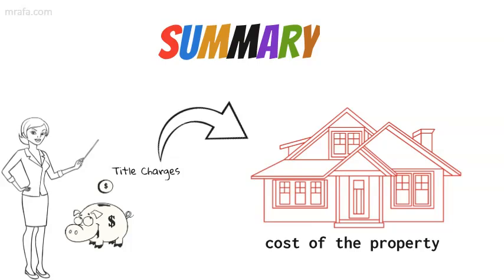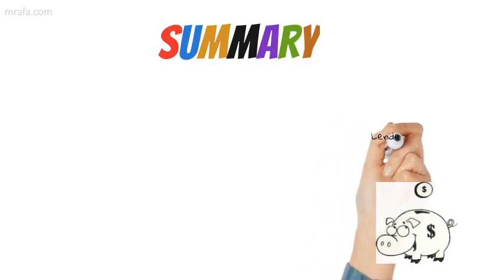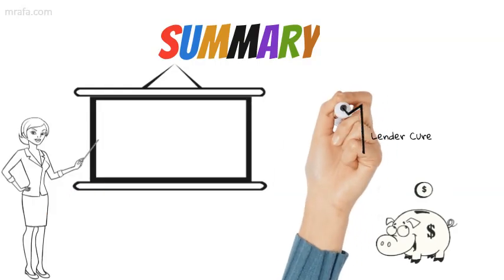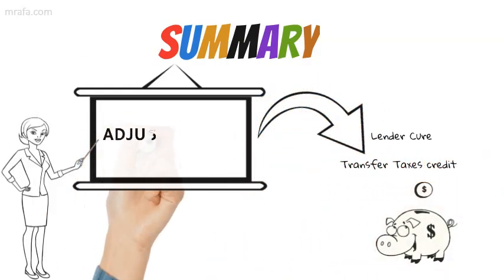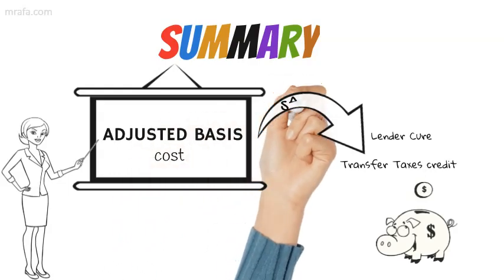And then section 1200, you add everything in the cost of the property. Section 1300, you add that too, of the inspection to the cost of the property. And then if there's an amount on section 206, such as lender cure, and section 214 as transfer taxes credit, those will be reducing your adjusted cost basis.